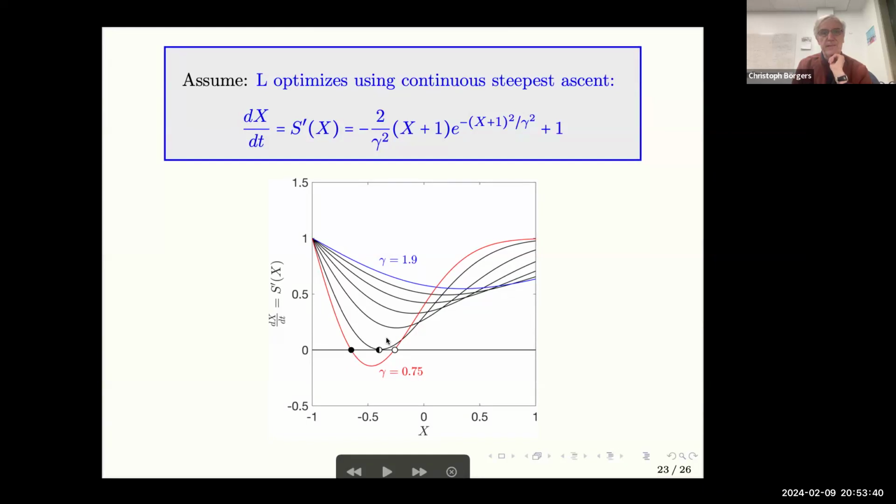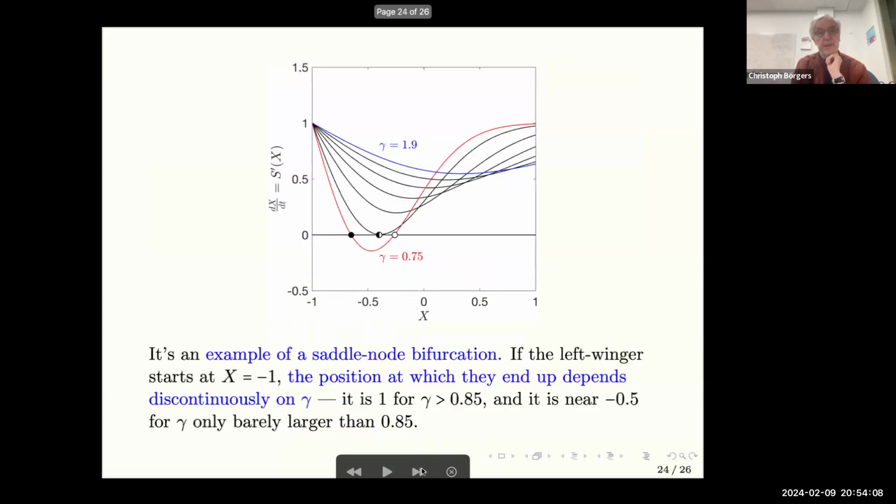So if gamma is slightly bigger, if their patience is slightly bigger, the left-wing candidates will move all the way to the right. It's in their interest to move to the position of the right-winger, actually. But as soon as their patience is just a little bit too small, there is a left-wing attracting fixed point and a repelling fixed point that come through a blue sky bifurcation.